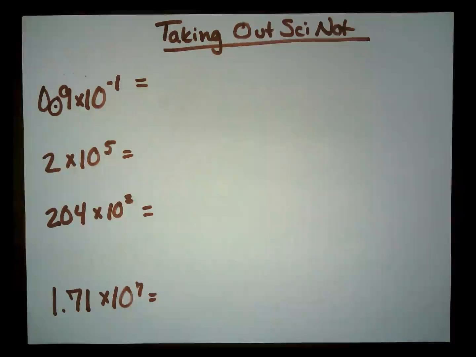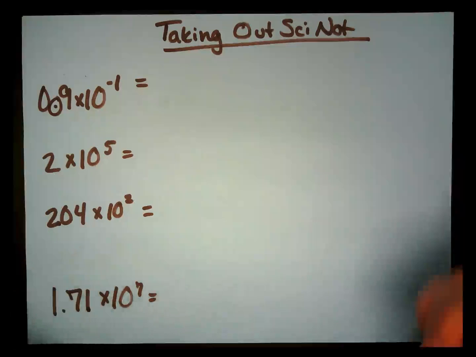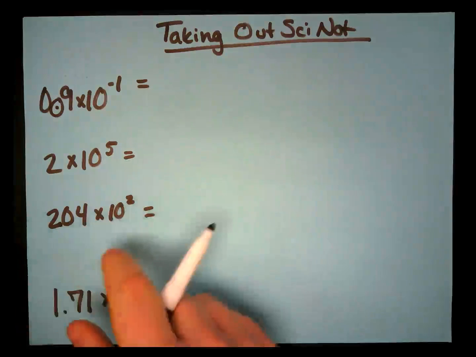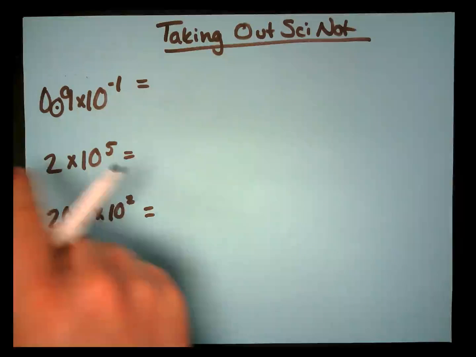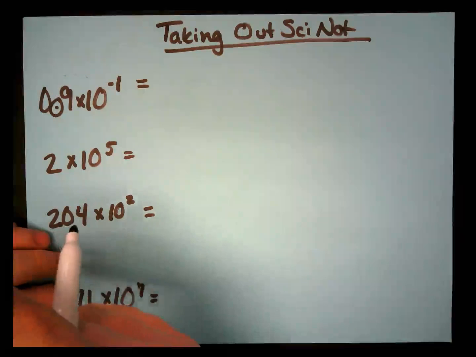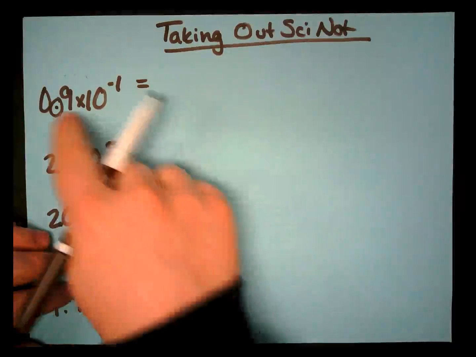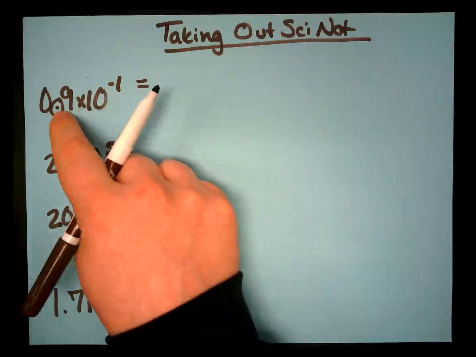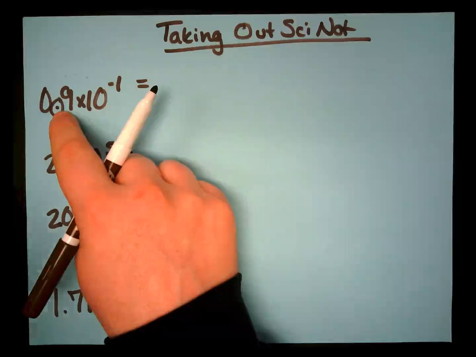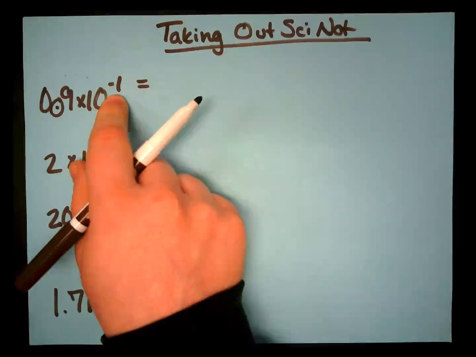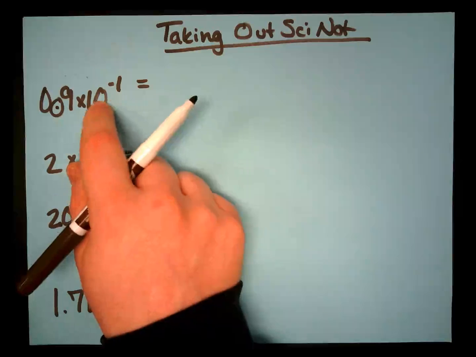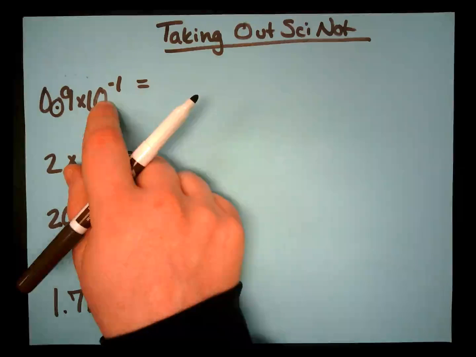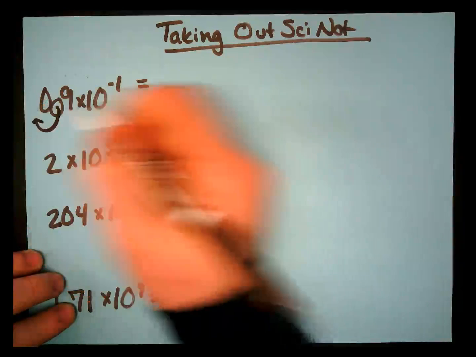If we were putting this into scientific notation, which, by the way, this is incorrect scientific notation, it would actually go one more, but in the reverse, because when we put these in scientific notation, a negative number results in moving to the right. So in this case, when we take it out, we have to move the decimal back to where it was originally, which is towards the left. So we're just going to move this to the left 1 space.